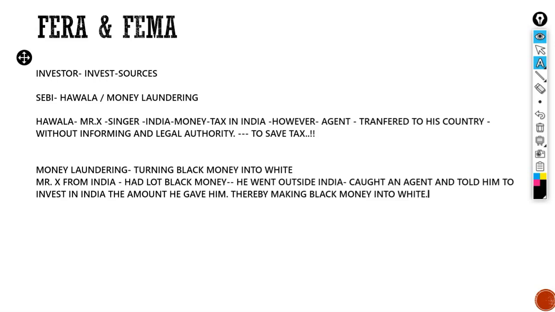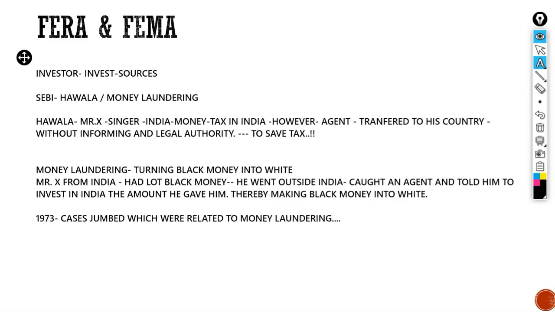Now in 1973, many cases related to money laundering jumped.